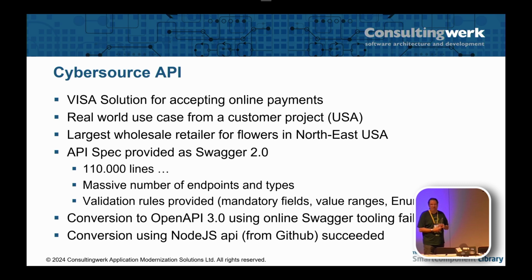The Swagger file has 110,000 lines of code. We had to convert it to Swagger 3, the current specification format, and the online editor failed. It was probably too big. But we found other tools to convert Swagger 2 into OpenAPI 3 so that we could start working with our tooling. There aren't a lot of differences between Swagger 2 and 3, but enough to confuse the tooling.